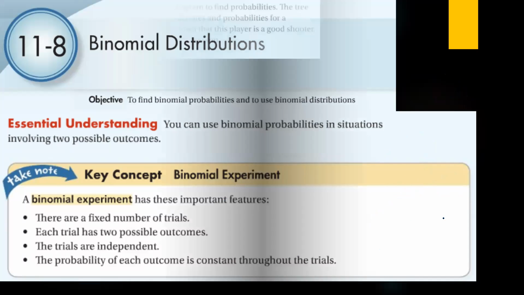Let's take an example here. Now, recall from lesson 11.4 that you can use a tree diagram to find probabilities. Here also we can use the tree diagram to show the different outcomes and probabilities for a basketball player shooting 2 free throws.